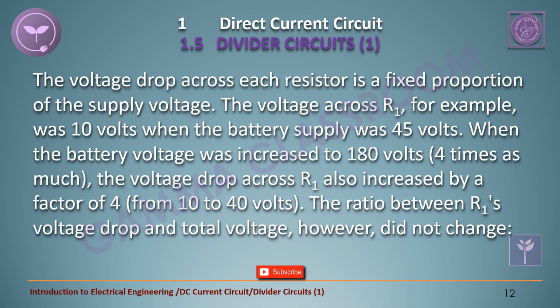When the battery voltage was increased to 180 volts, 4 times as much, the voltage drop across R1 also increased by a factor of 4, from 10 to 40 volts.